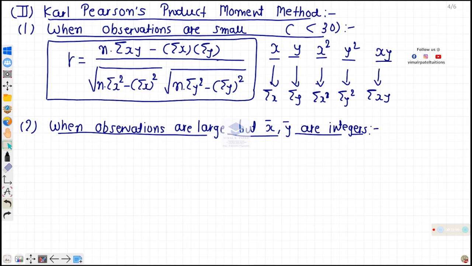X bar means mean of x, that is sigma x upon n.